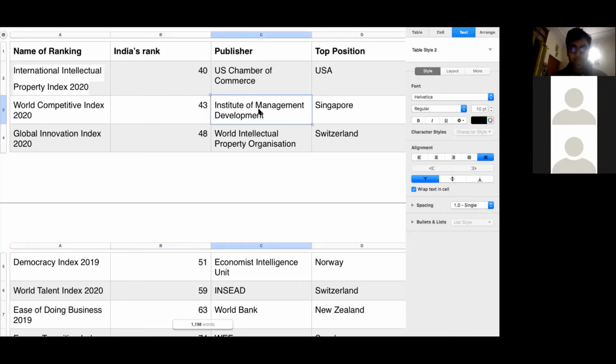This is published by the Institute of Management Development, IMD for short. It is basically an institute based out of Singapore, and its top positioned country is also Singapore.